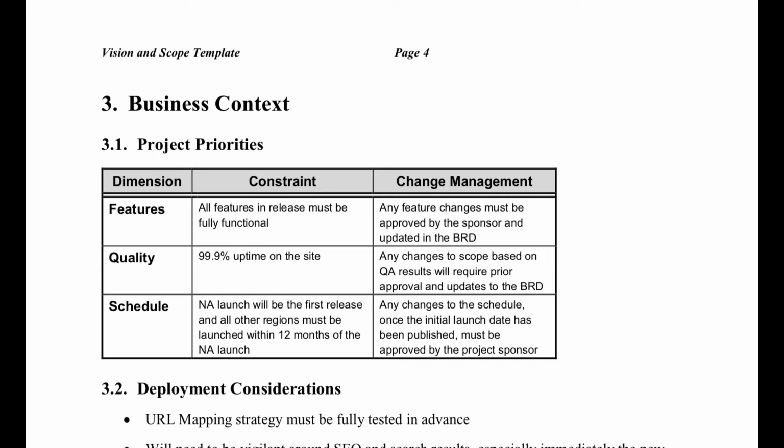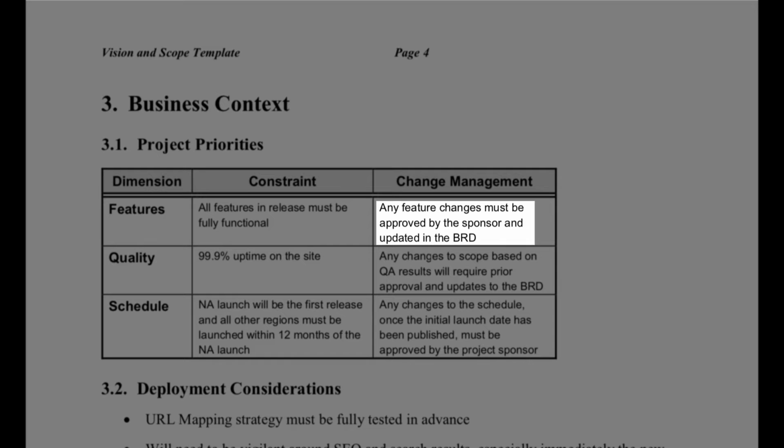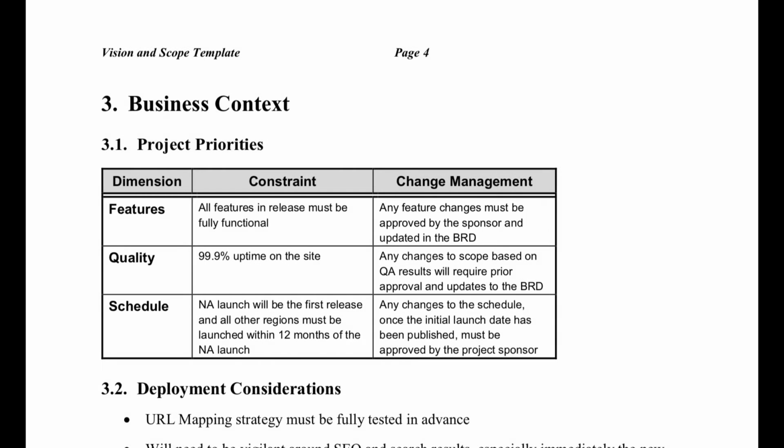Then we also want to note what are the rules around change management related to features. So what we're saying here is that any feature changes must be approved by the sponsor and updated in the BRD. Note that we did not say that feature changes would be updated in this document.